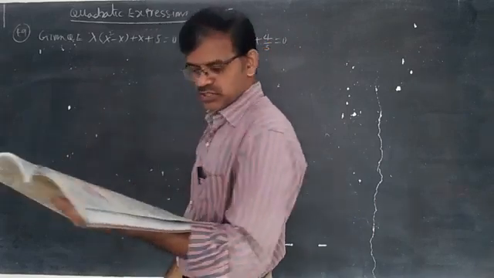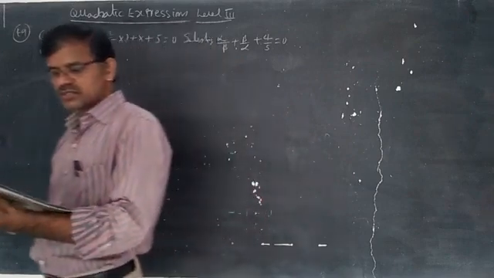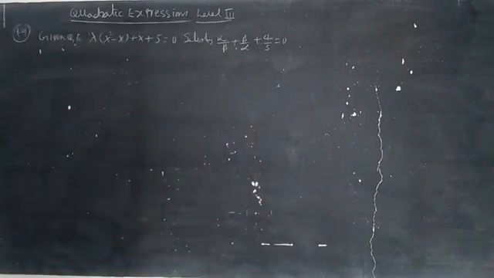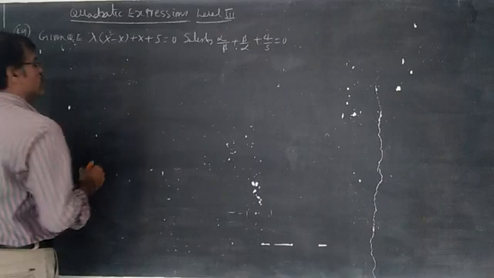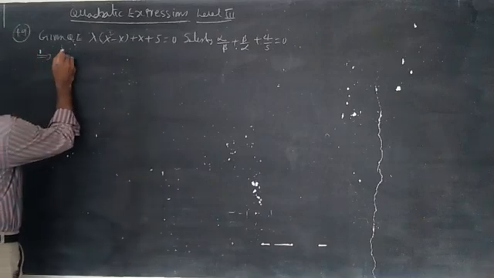That too is not in Mains; these questions are in a tough way. Alpha by beta plus beta by alpha plus 4 by 5 equal to 0.